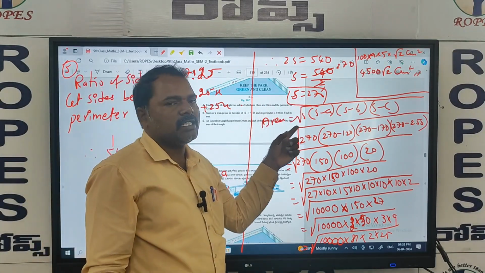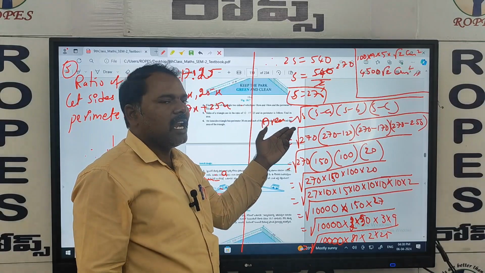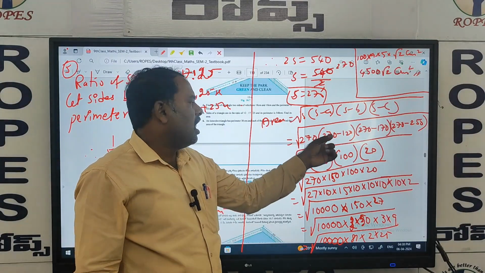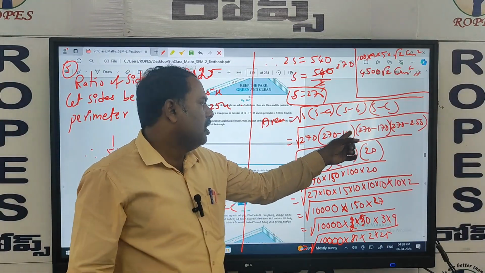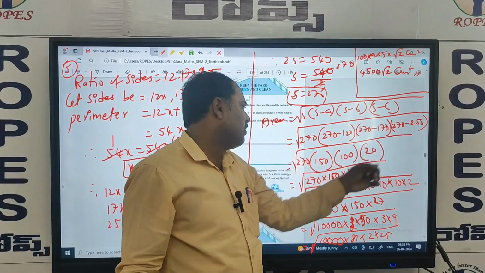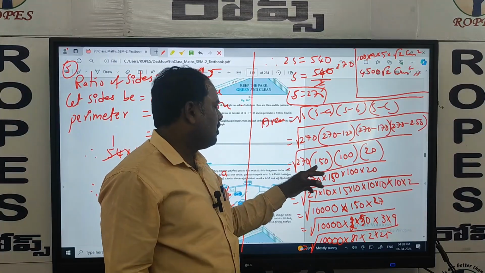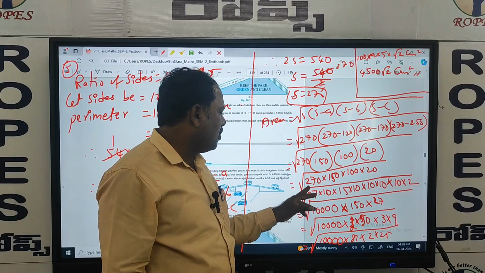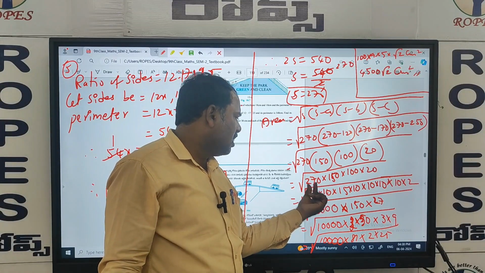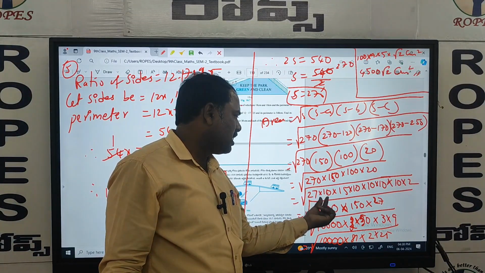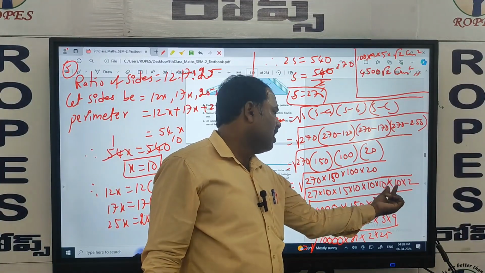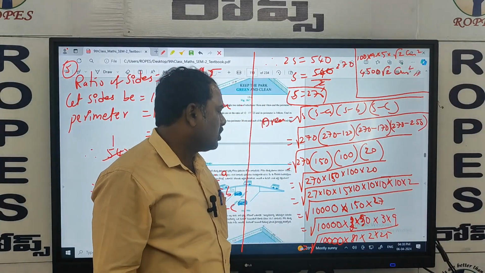Now the area of the triangle by Heron's formula is root of s into s minus a into s minus b into s minus c. Now s value is 270, and 270 minus 120 is a, 270 minus 170 is b, 270 minus 250 is c. After subtracting we got 270 into 150 into 100 into 20. Now 270 we write as 27 tens, 150 as 15 tens, 100 as 10 tens, and 20 as 10 into 2.